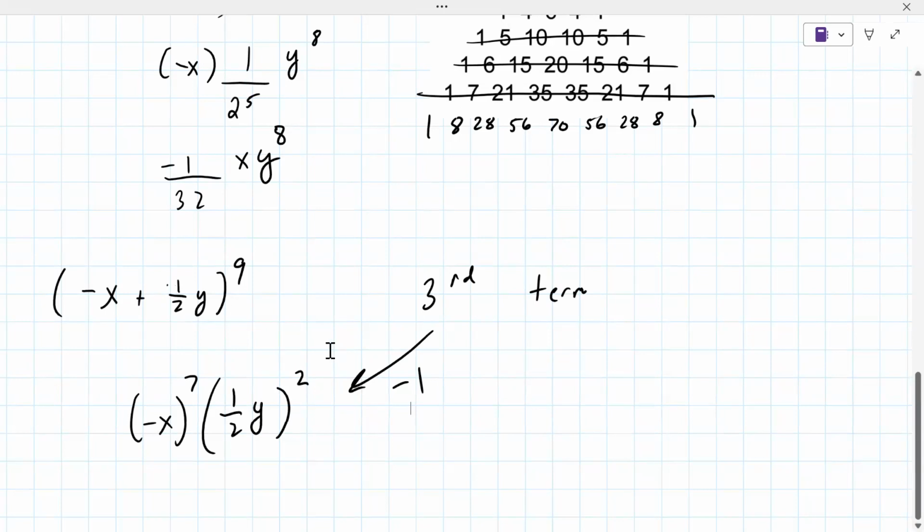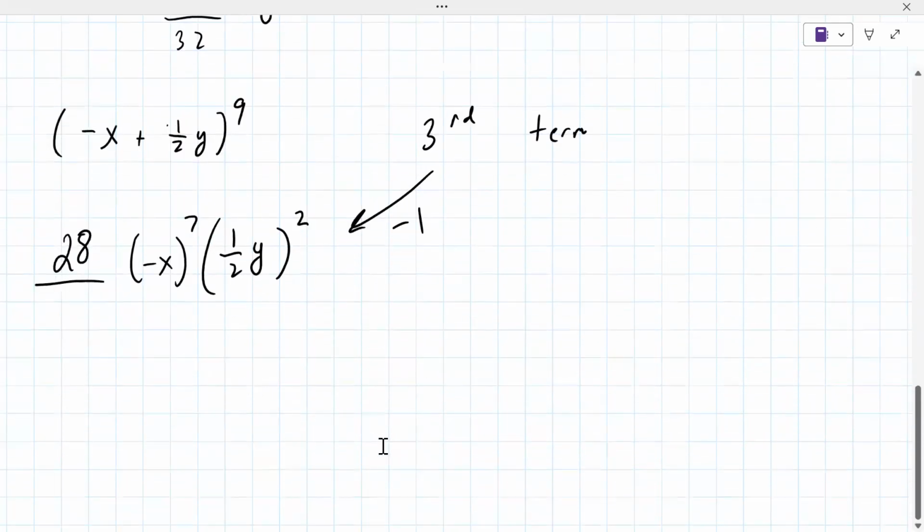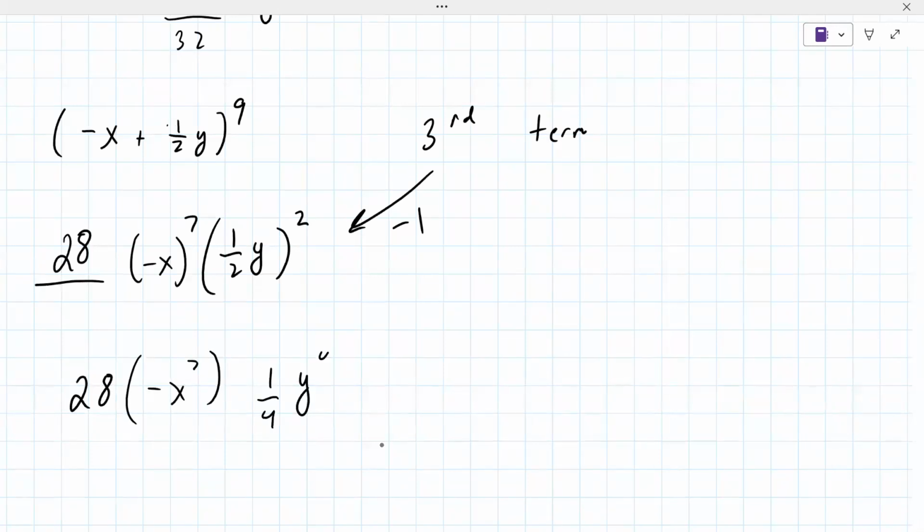It's an indexing problem. And then you still grab the third number here, so 28. So 28, this is minus x to the 7th, and then it's 1/4 y to the 4th, and then it ends up being -7 x to the 7th y to the 4th.